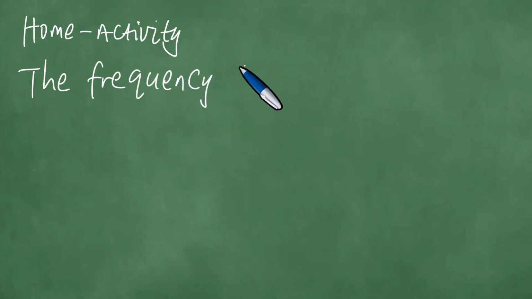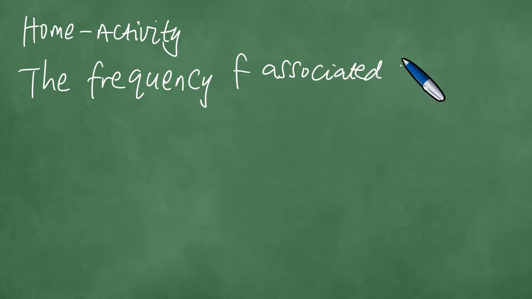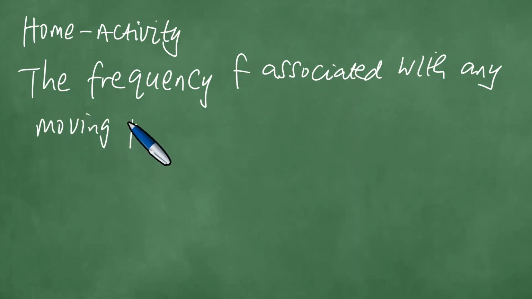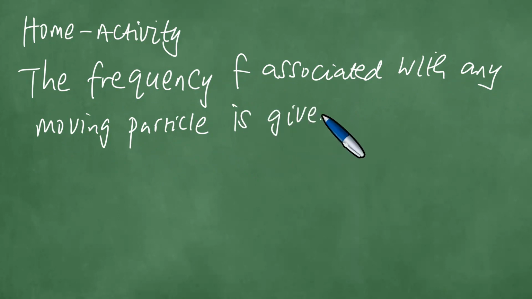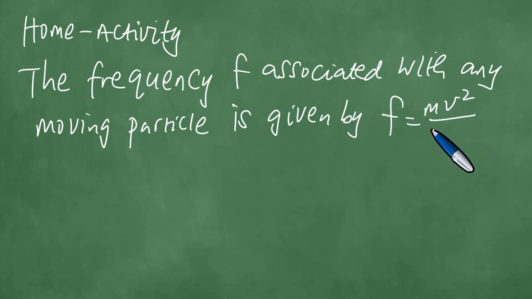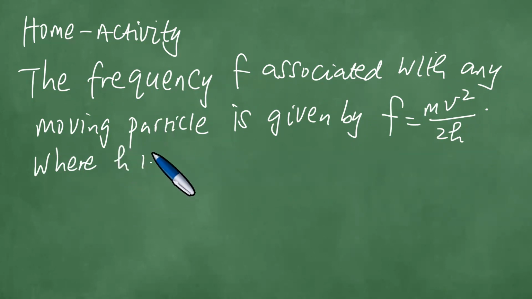The frequency F associated with any moving particle is given by F equals mv squared out of 2h, where h is a constant.